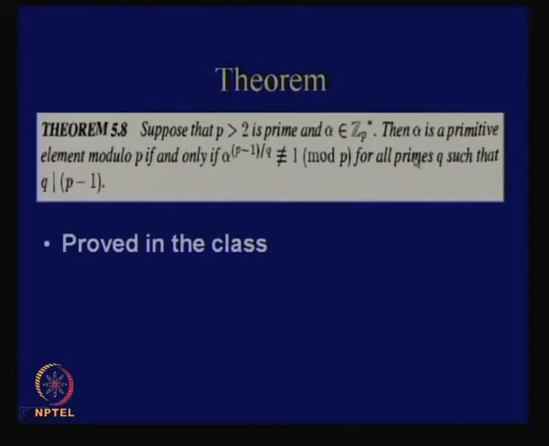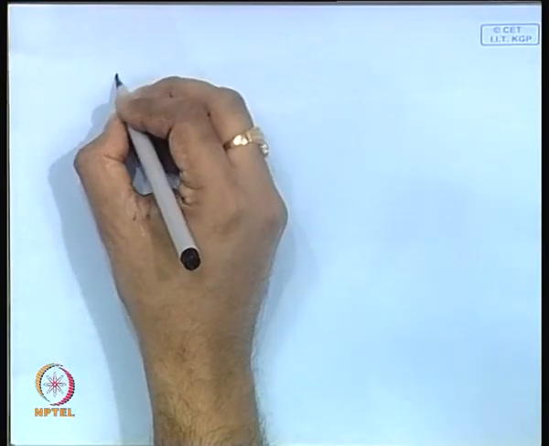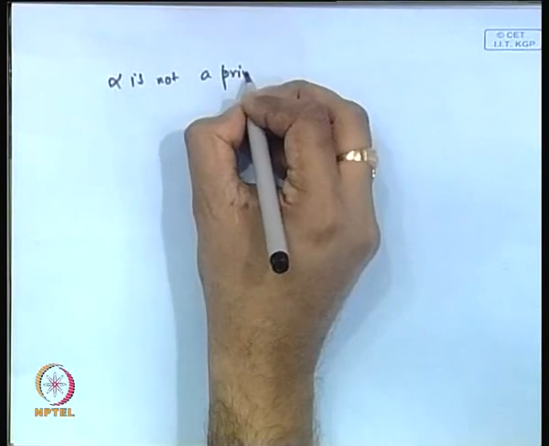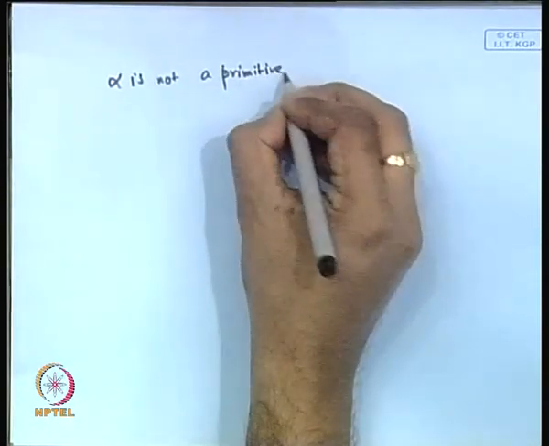That if alpha is not a primitive element, then there exists a q which divides p minus 1 such that alpha to the power of p minus 1 by q is equal to 1, right. That is the contrapositive. So, we will prove this. So, we will say that alpha is not a primitive element. Okay.